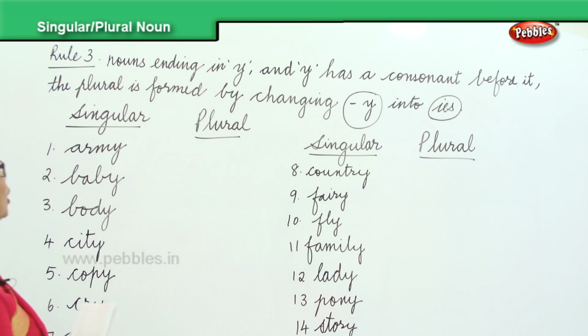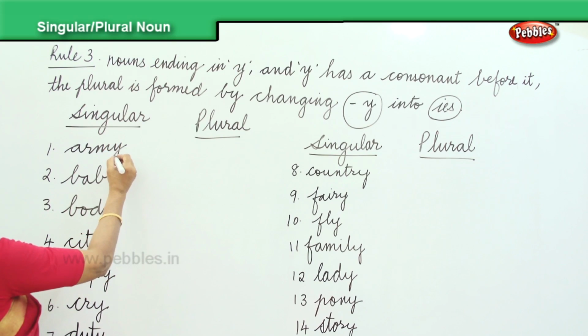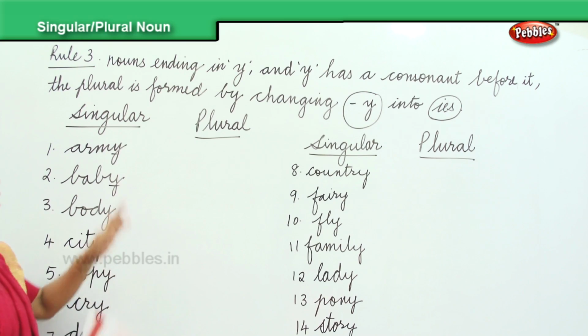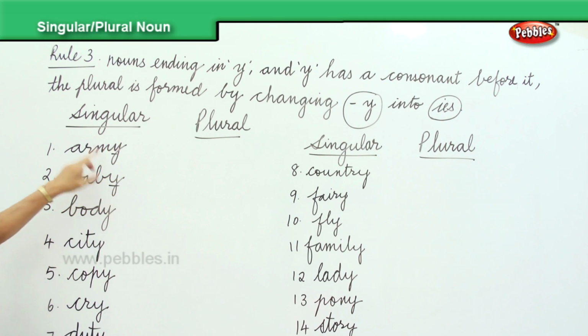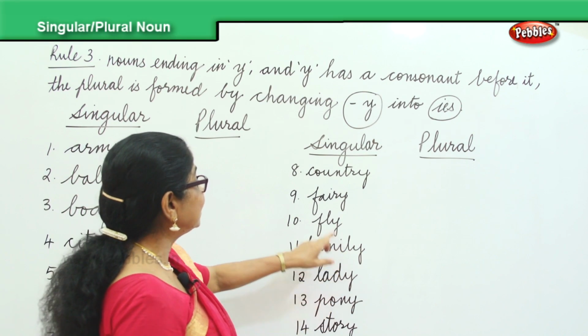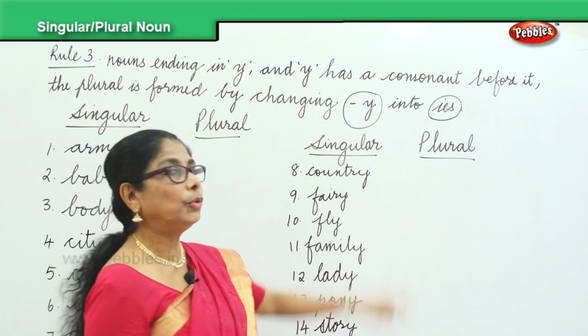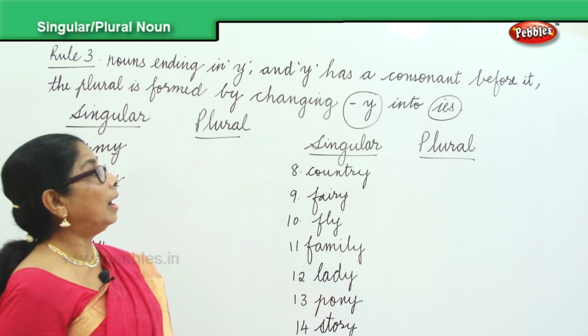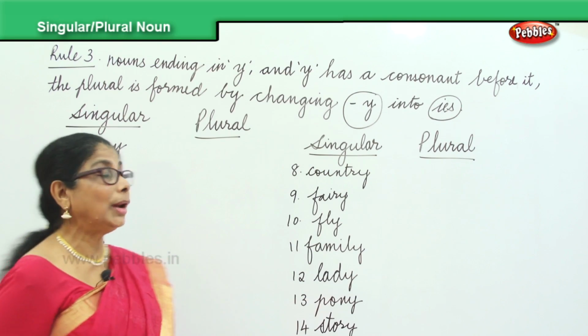In all of these, the word ends in y. Now look at the consonant. For every word you check, there is a consonant before the y. So we take away the y and add ies to form the plural.